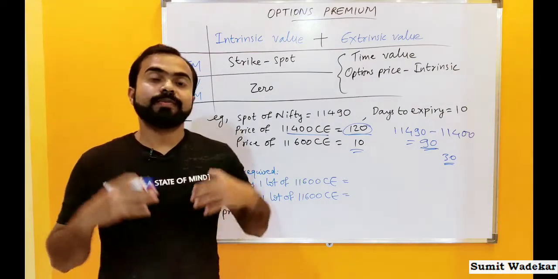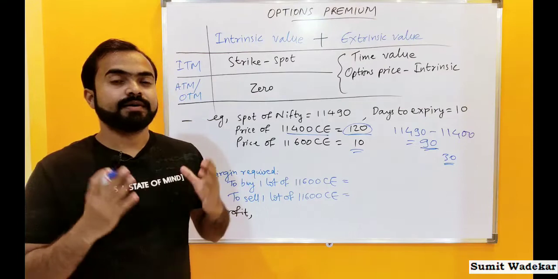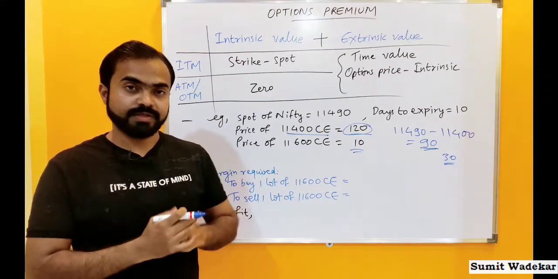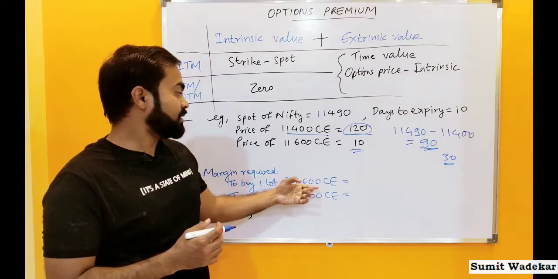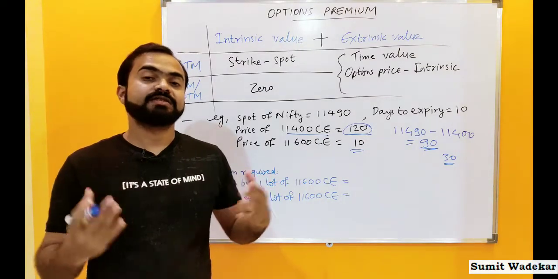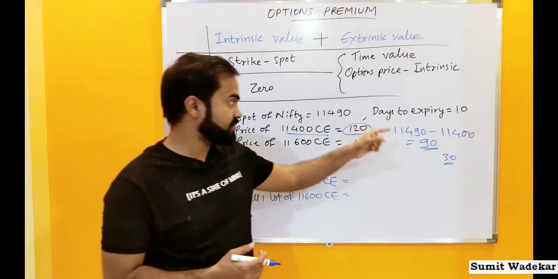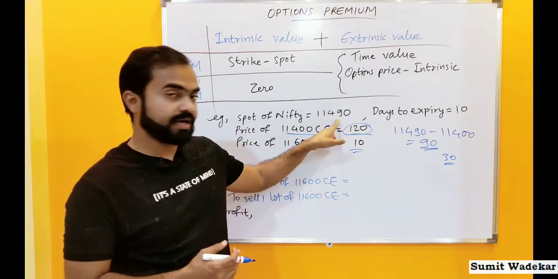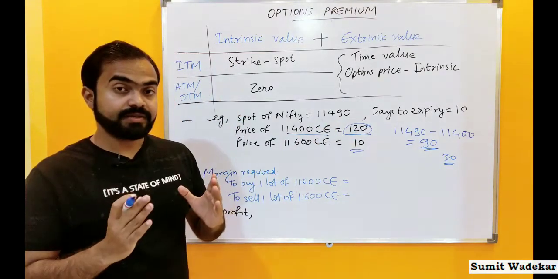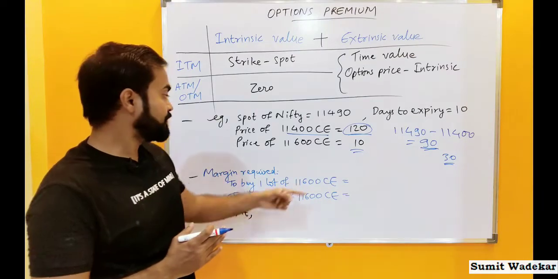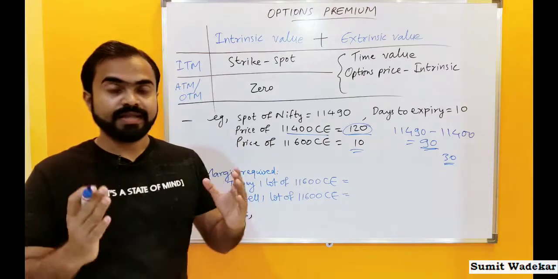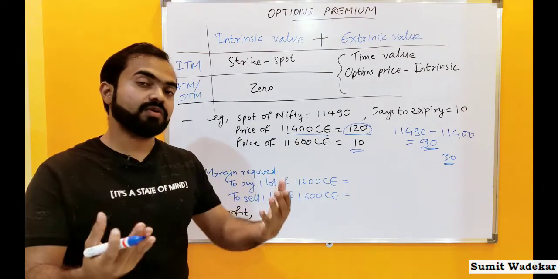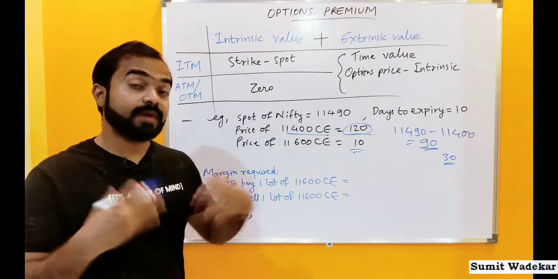Next we will move on to the margin required to trade options. Suppose I want to buy the 11,600 call. Market is trading at 11,490 and I want to buy the 11,600 call which is trading at 10 rupees. Then how much margin do I require?